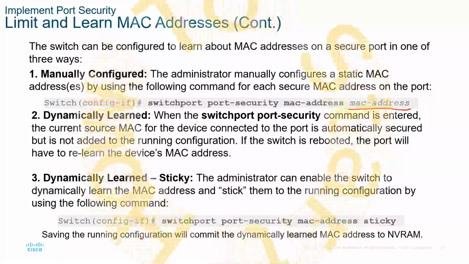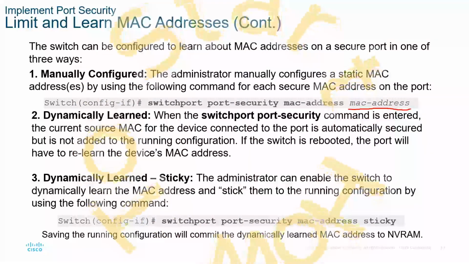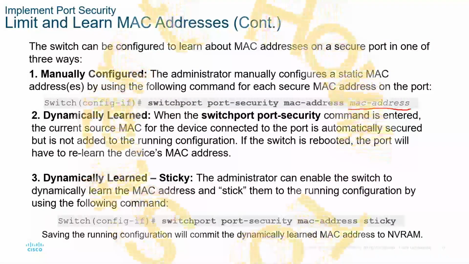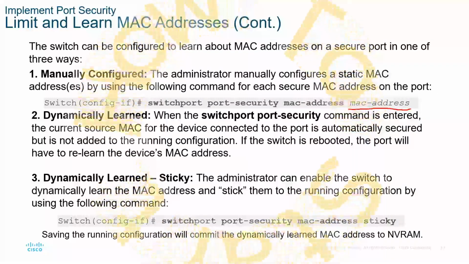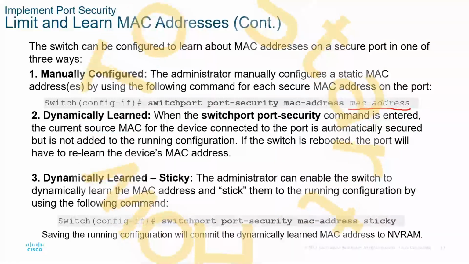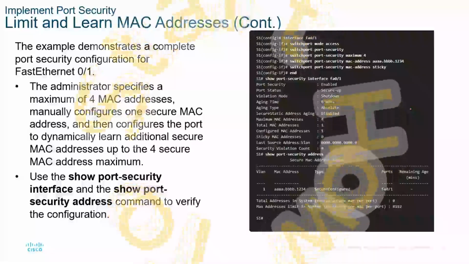And then saving the running configuration will commit the dynamically learned MAC address to memory. If you do not do sticky and then save the running config, then this will not function and you will notice an error when verifying it. I'm going to point this out in the lab so we can see how that functions.